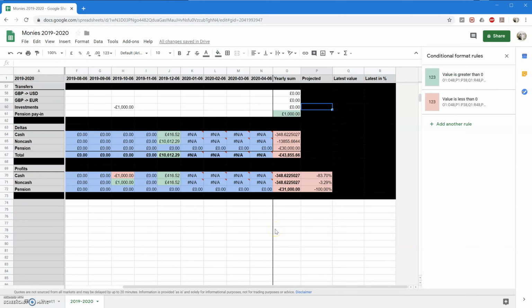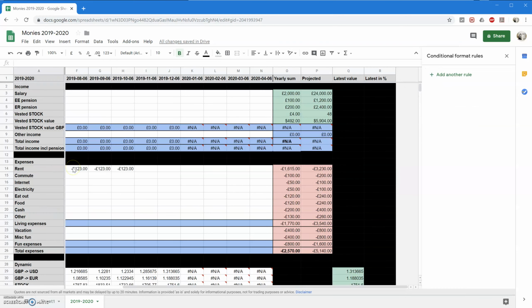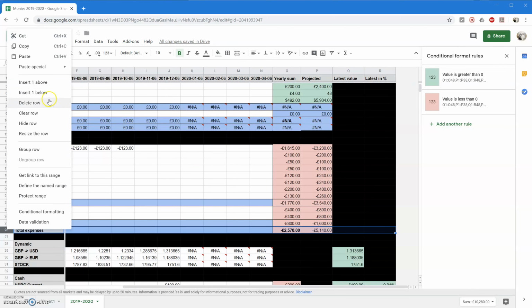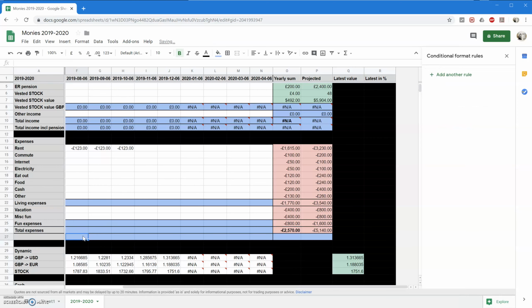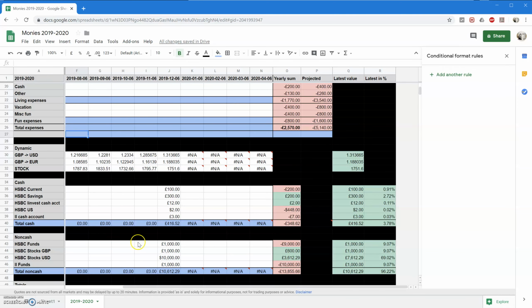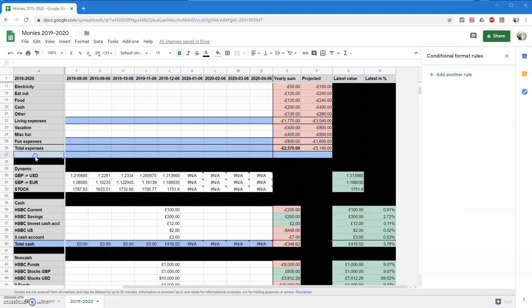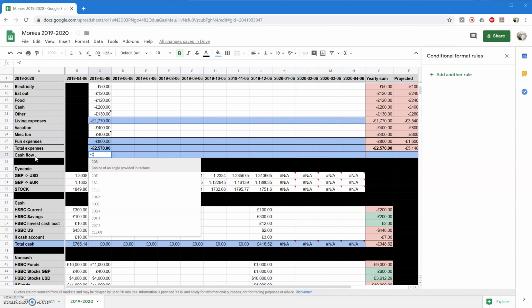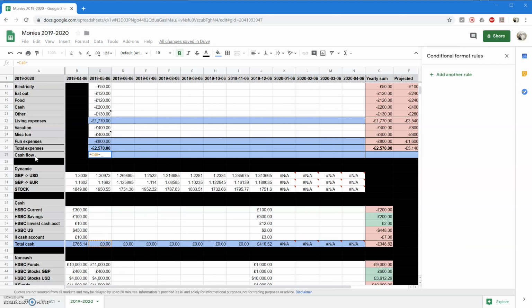Okay, so now we can add some more things, like we can add a cash flow, which we can put here. So cash flow would be how much cash I have, which is C40 minus B40.